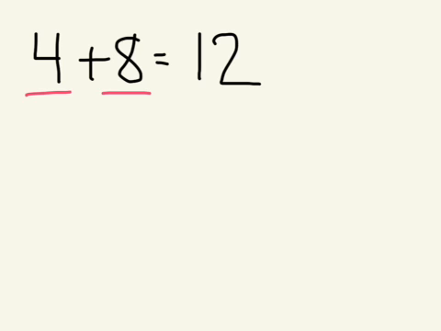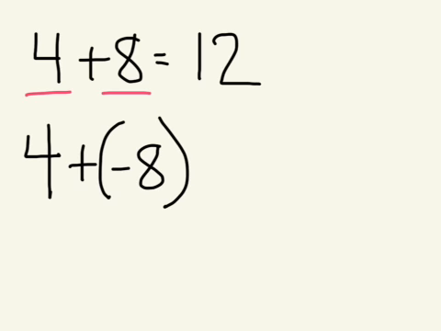But what if we throw in a negative number? So if I have 4 plus a negative 8, there's a couple ways we can solve this problem. First, we can do counting chips. I'm going to use green for positive, and I'm going to use red for negative.